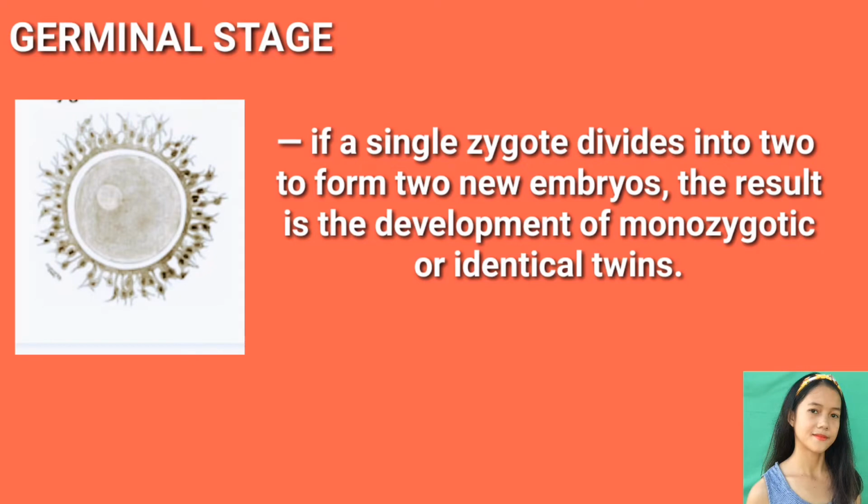If a single zygote divides into 2 to form 2 new embryos, the result is the development of monozygotic or identical twins.